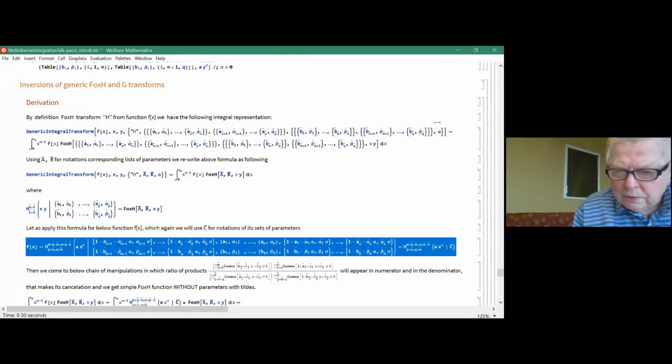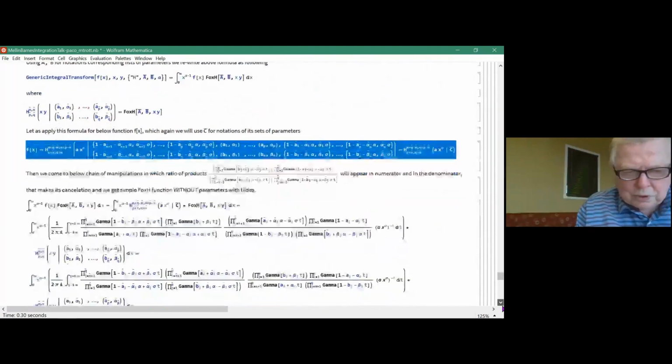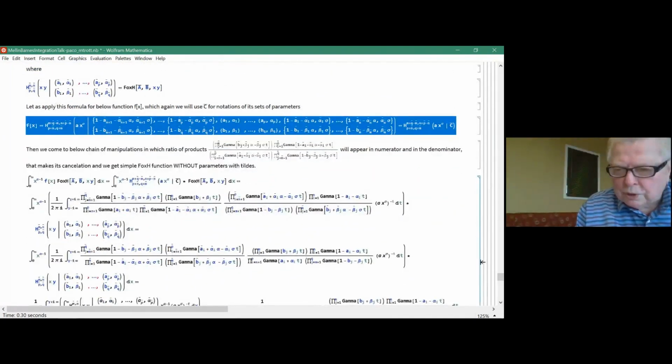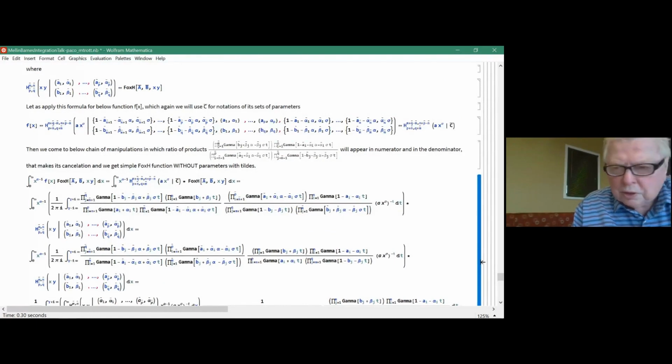If we have function f, which looks like this, big, and many parameters, this function is inverse FoxH transform from usual Fox function. And we have corresponding value here. Procedure evaluation you see here.